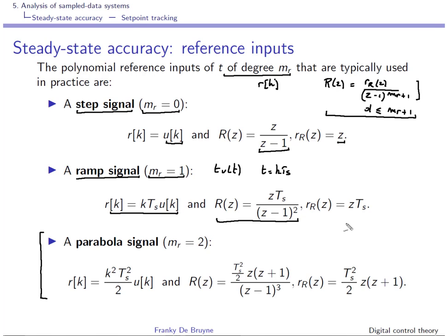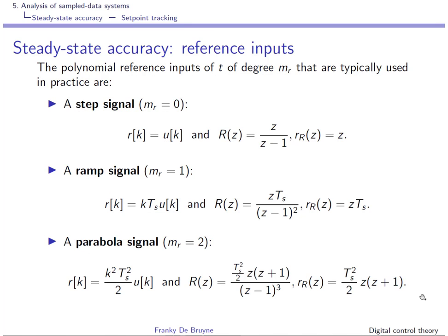So this makes sense. In our case, we'll consider only reference inputs, set point signals, that can be a step and a ramp, although the theory can also handle set point signals behaving as a parabola. It goes without saying that in practice you cannot use an actual ramp signal, as it goes to infinity.